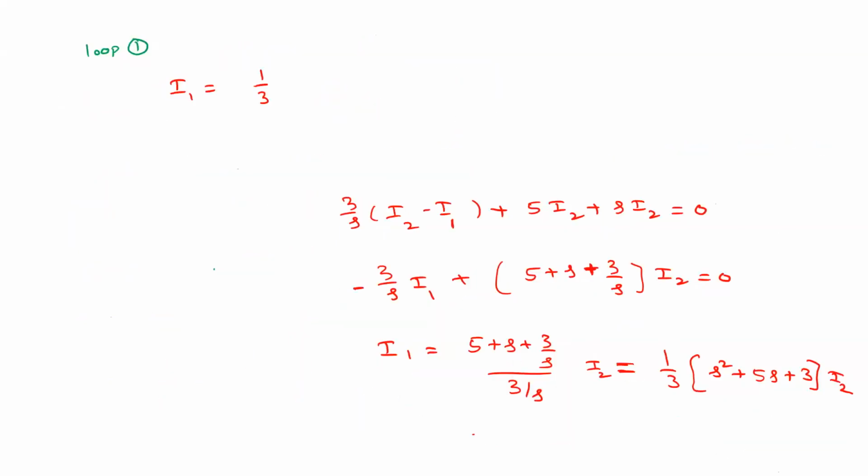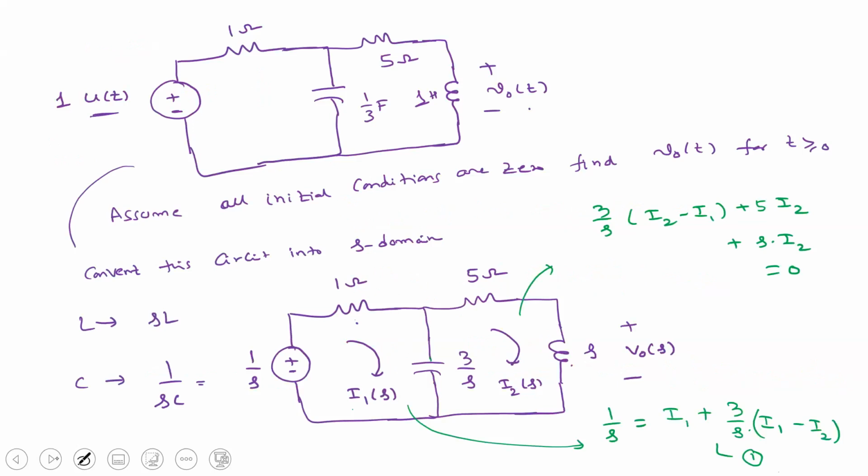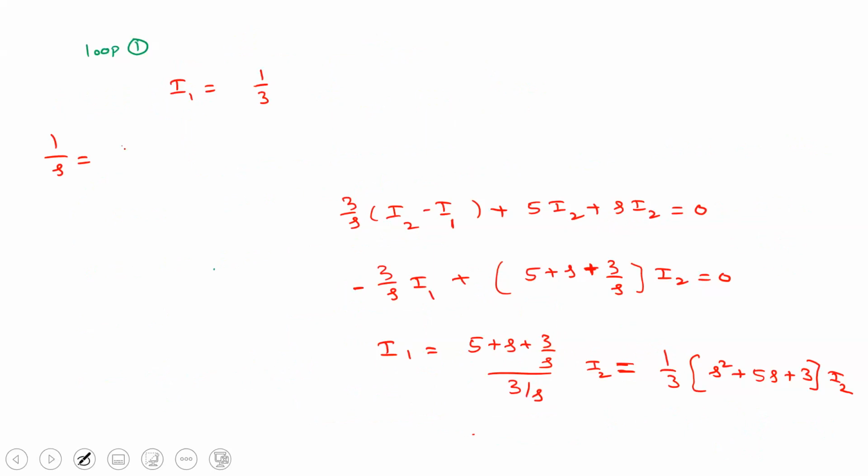Right. So substitute this in the first equation. What is the first equation? 1 by S equal to I1; if you take I1 common, it is 3 by S into 1 plus I1, minus 3 by S I2. This is the one, right?